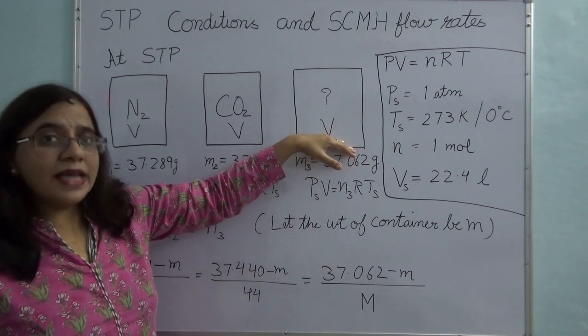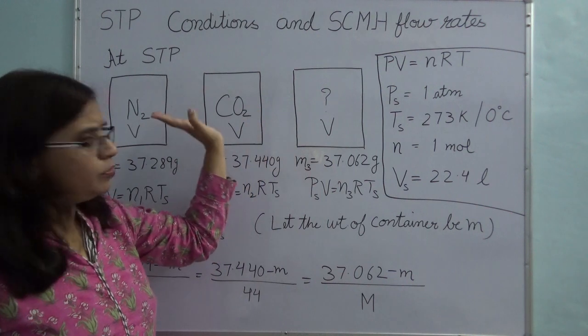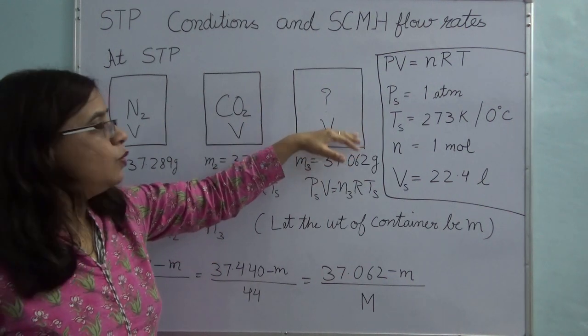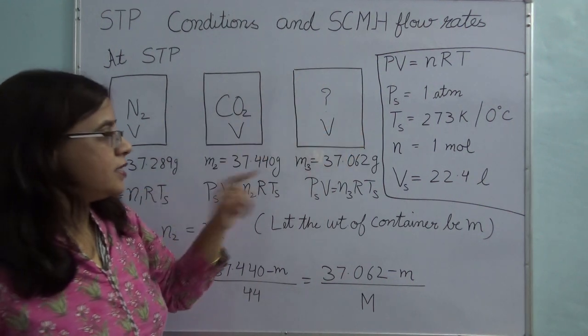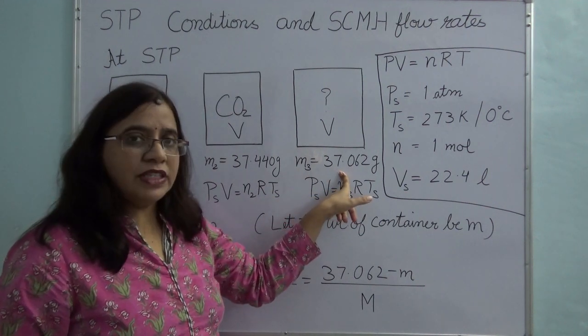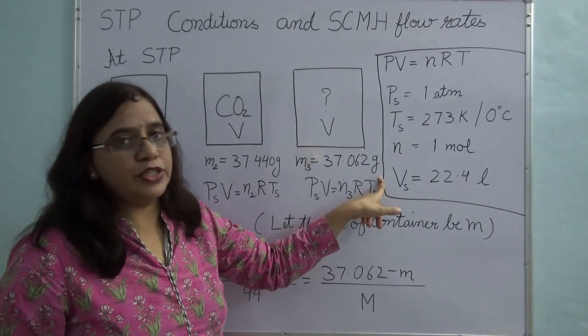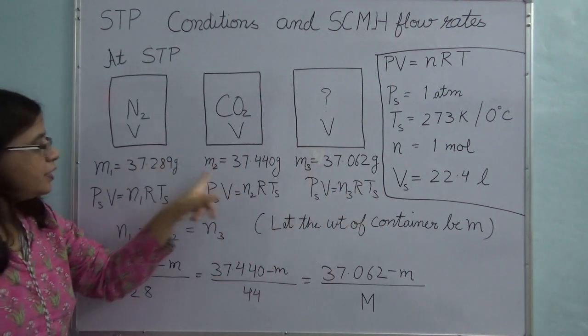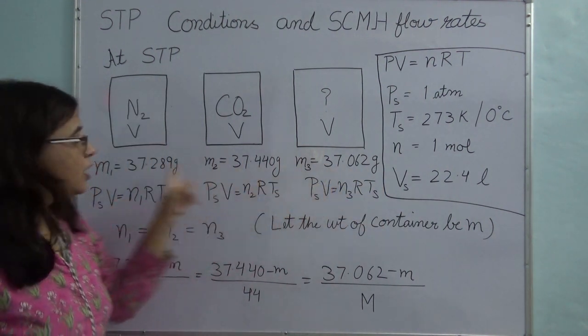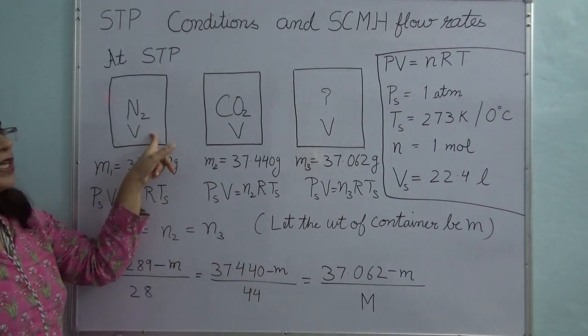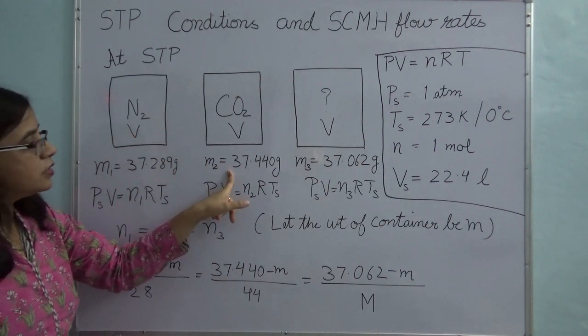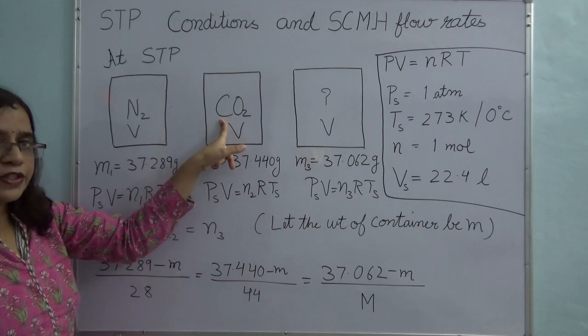Then I remove CO2 and fill the same container with an unknown gas and find out the weight of the container plus the gas, which comes out to be 37.062 gram. So all these weights which I have written over here, M1 is the weight of container plus weight of nitrogen gas. This is weight of container plus weight of CO2 gas.